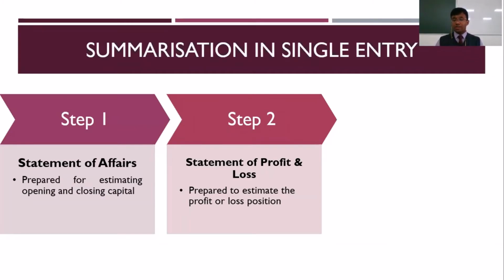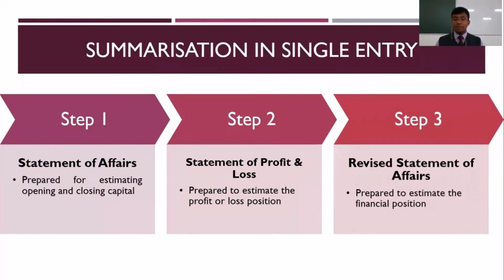You want to know the profit position of the firm, and that's the reason for preparing the second step. Step three, you will be preparing the revised statement of affairs. This revised statement of affairs is prepared in order to estimate the financial position of the firm.